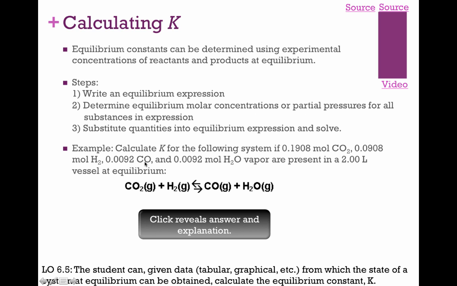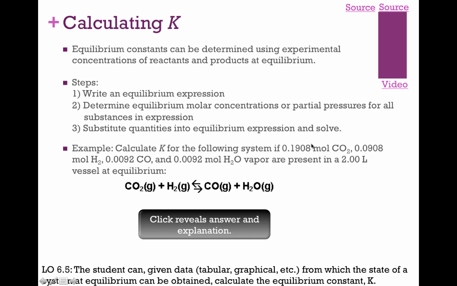So this says, calculate K for the following if you have 0.198 moles of CO2, 0.0908 moles of H2, you have CO and H2O in a 2-liter container. And so to solve for K, more than likely, let's say this is Kc, it's going to make life easier for us. If this is Kc, that means what do we have to make sure to plug into the K expression?